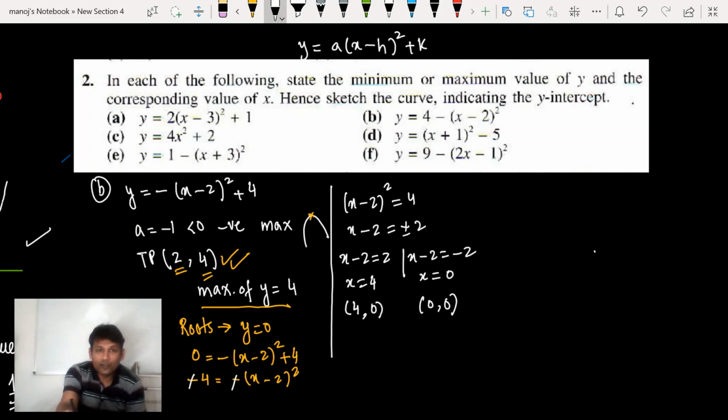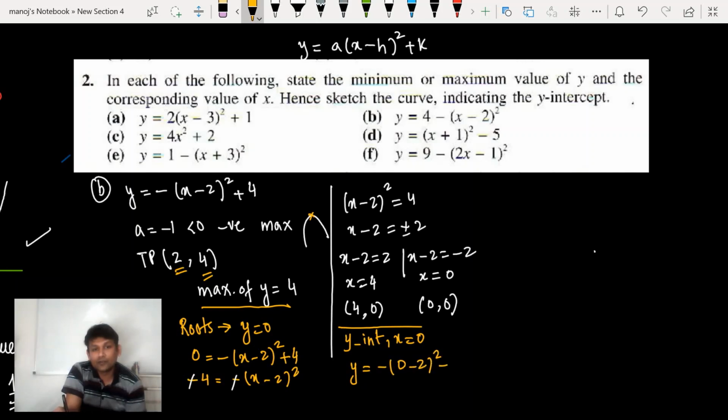Now we have the turning point. Before that we also need the y-intercept. For the y-intercept, x equals 0. x equals 0 means y equals minus (0 minus 2) whole squared plus 4, so y equals minus 2 squared, minus 4, plus 4.